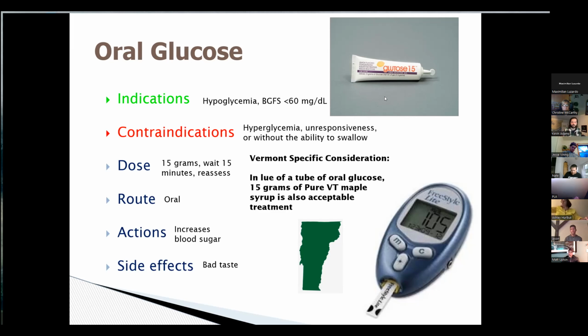It tastes a whole lot better. It is a little bit more expensive to buy Vermont maple syrup for ambulances, but I think it's worth it. So that's just kind of a cool Vermont fact about running EMS here, is that we give people maple syrup instead of oral glucose. Does the same thing.